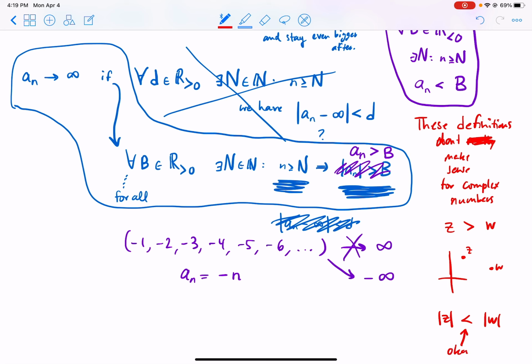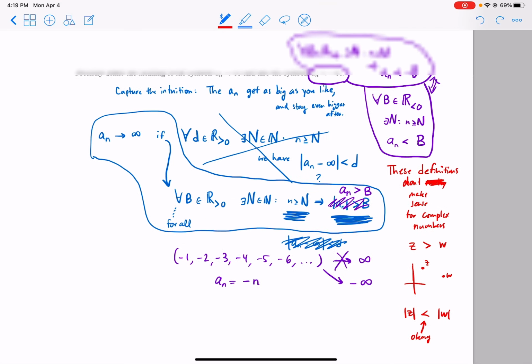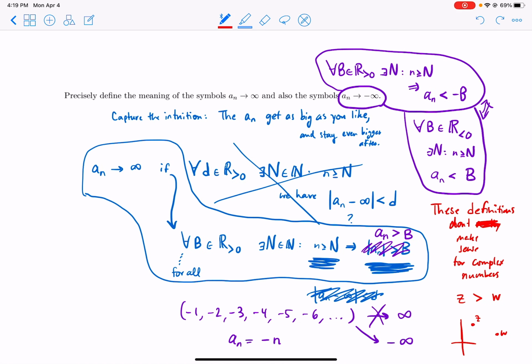That's okay, because the size made it into a real number. And so this is sort of interesting that these symbols really only make sense for real numbers. Why? Because in the definition, we needed to say greater than or less than, and that doesn't make sense for complex numbers.